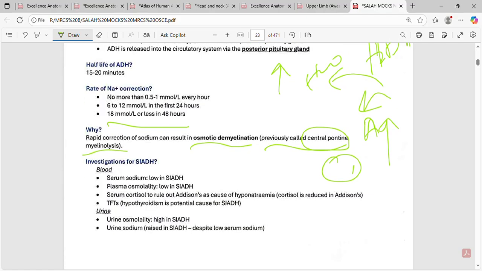Investigations for SIADH are blood. Serum sodium is low in SIADH, because the body will conserve water, reabsorb free water, so this will decrease the serum sodium, and if serum sodium is decreased, then serum osmolarity will also be decreased.